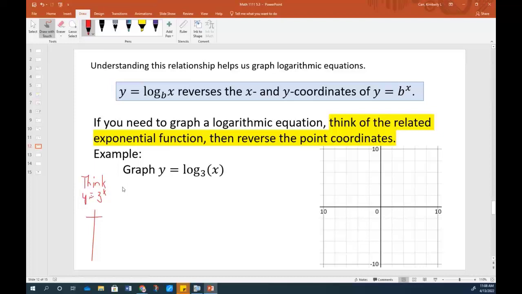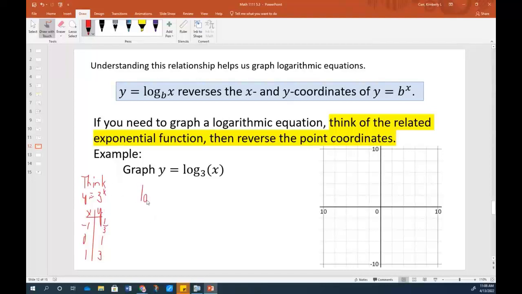If I were going to graph y equals 3 to the x, I would plug in -1, 0, and 1. Then the -1 would do a reciprocal, 1/3. Anything to the 0 is 1, and anything to the 1 is itself. So I would have those points.